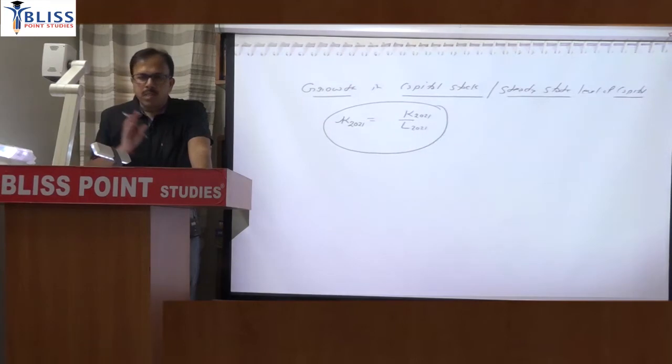I am interested in knowing what will be the stock of capital in 22. What will be stock of capital in 22? So what determine that change in the stock of capital? Just focus here. What determine the change in the capital stock?